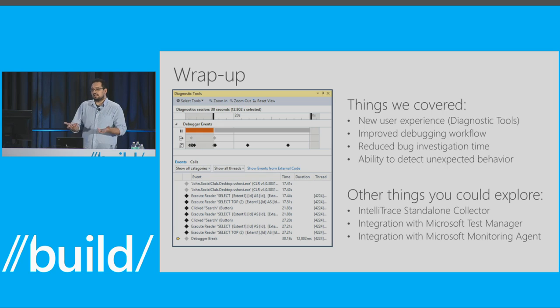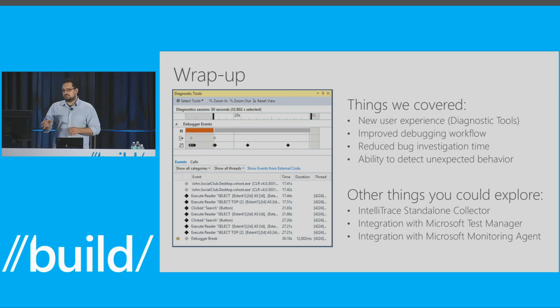And why can't I give you just a straight answer? Because it really depends what your code does, right? If your code executes 10 SQL statements a second, and you let it run for an hour, that's a lot of events compared to an application that just accesses a file every now and then. So it really depends on what your application does, especially in comparison to what IntelliTrace considers interesting.